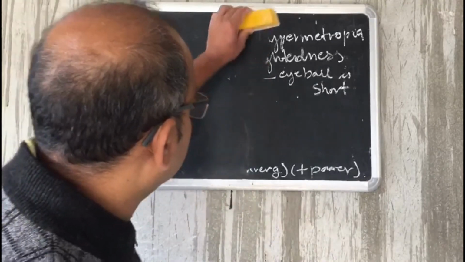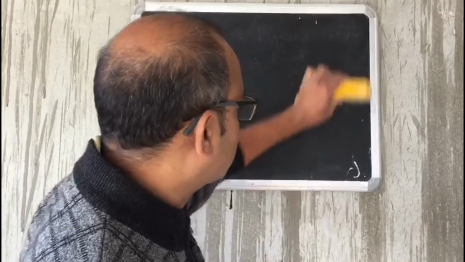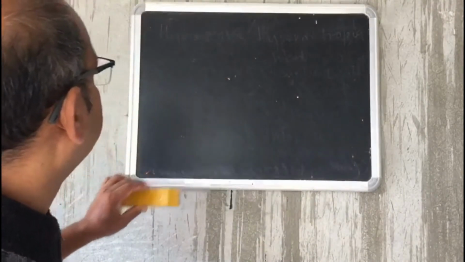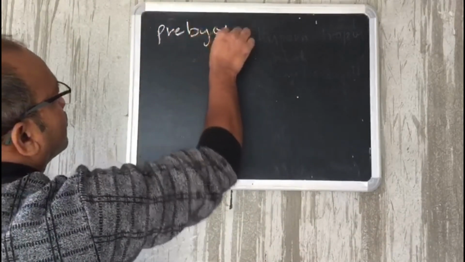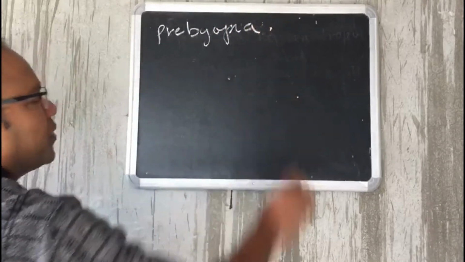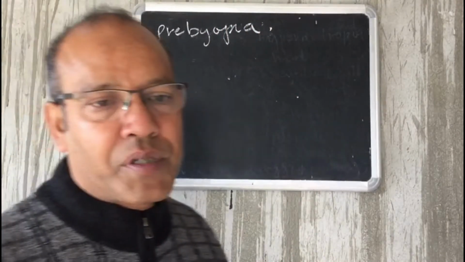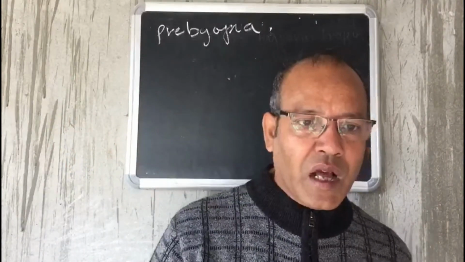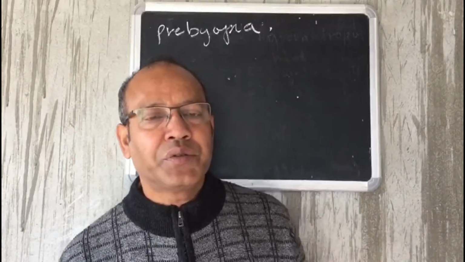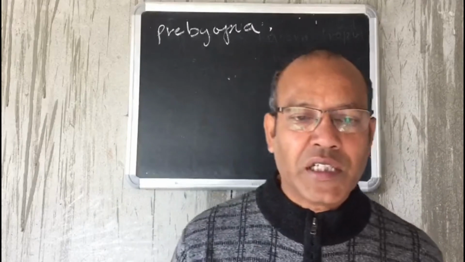Now let's carry on with the other two defects, that is presbyopia. Presbyopia is a condition when a person becomes old, above the age of 40, due to the aging process.